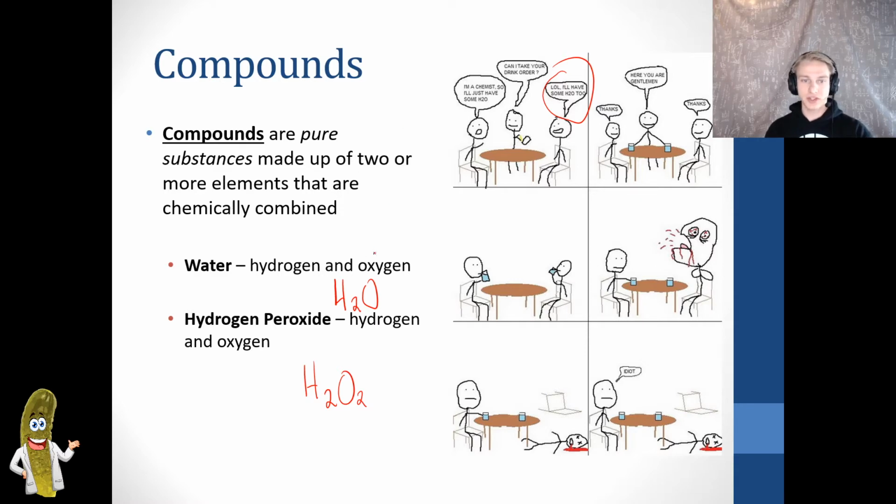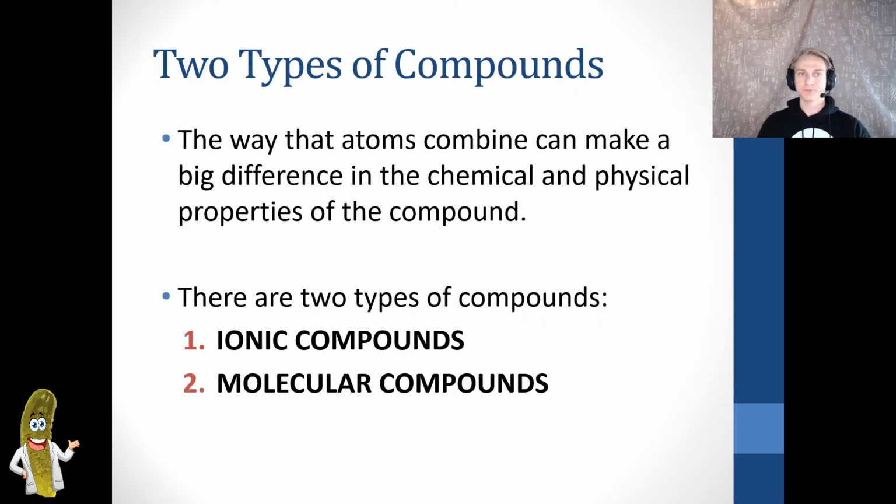So hydrogen and oxygen in the water case, we have two hydrogens, and because there's no number right beside this little oxygen here, we would say that we have one oxygen. With hydrogen peroxide, we have two hydrogens and two oxygens, and as such, it acts like an entirely different compound. It's not even the same.